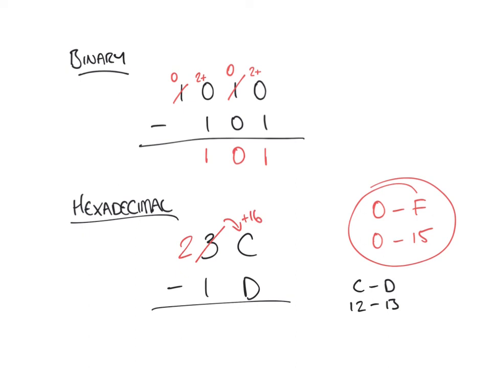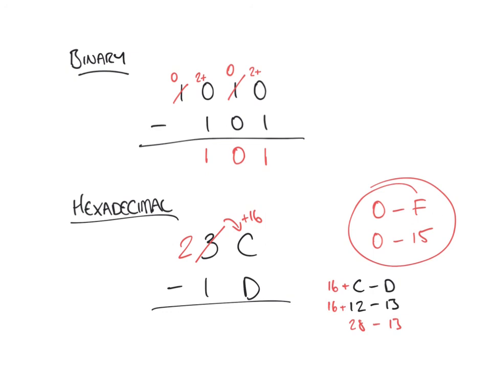So going back to our little notation over here down the side, we can say that we've added 16, or in below we've added 16. So now we have 16 plus 12 minus 13. And if we do 16 plus 12, we have 28. So we have 28 minus 13, which leaves us with 15.